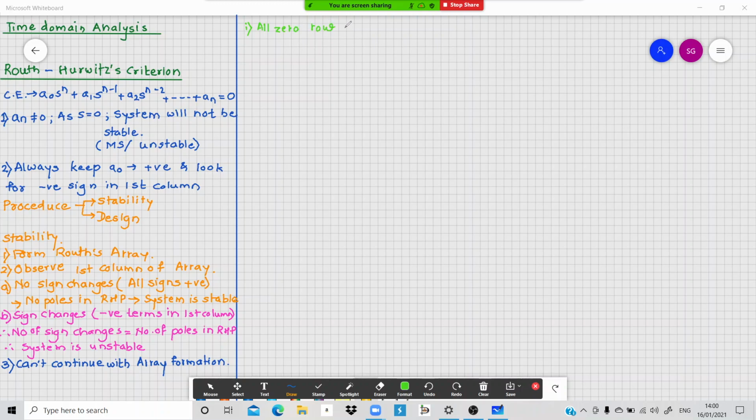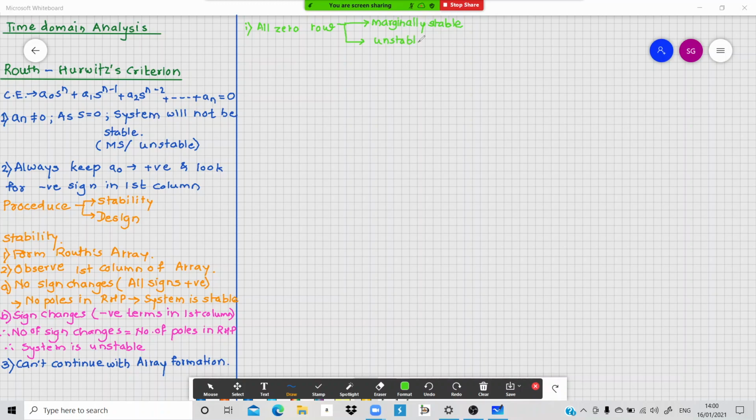Okay, so again, if this is happening, two possibilities are there. Might be your system is marginally stable, or it will be unstable.